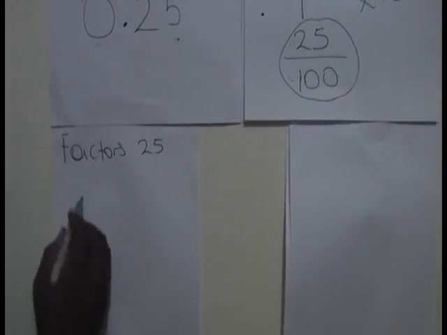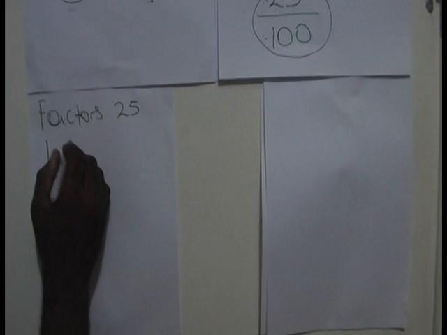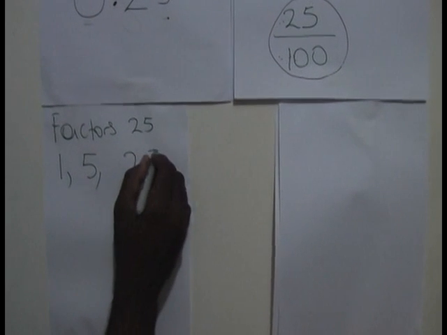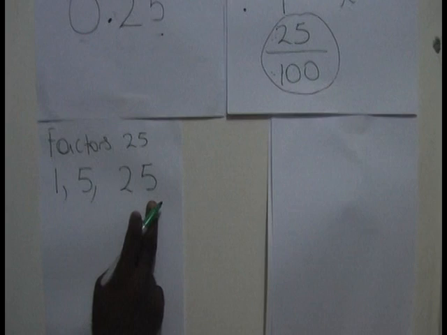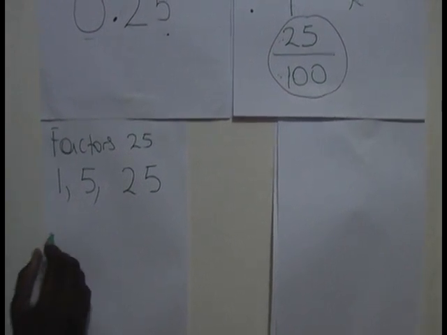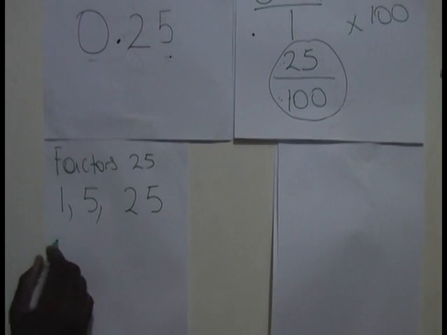Good. So we have 1. What else? We have 5. What else? We also have 25. So these are the factors of 25. Now we can also find factors of 100. Now the factors of 100, so let's write it down.